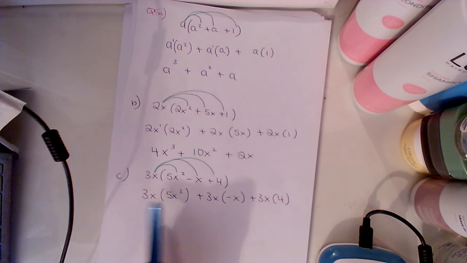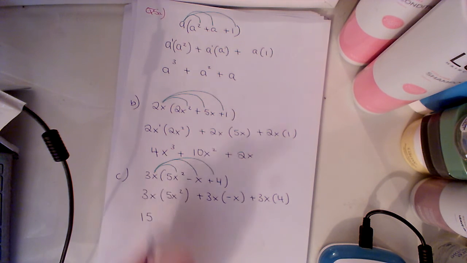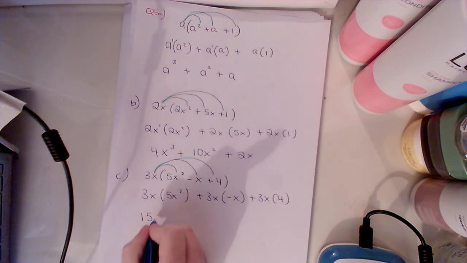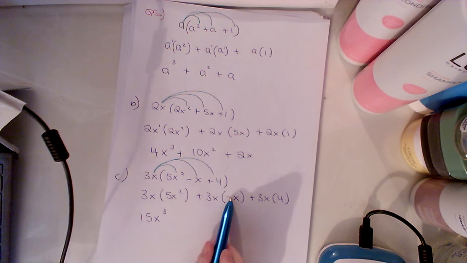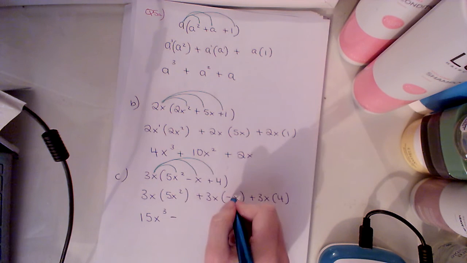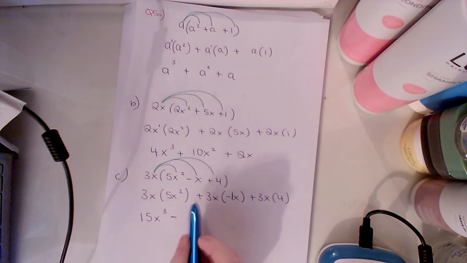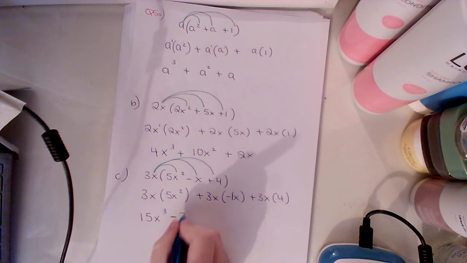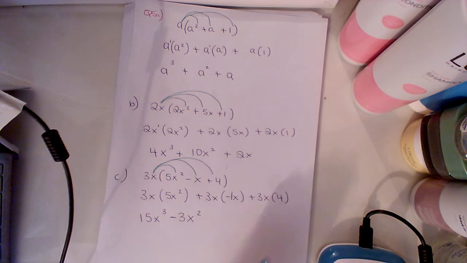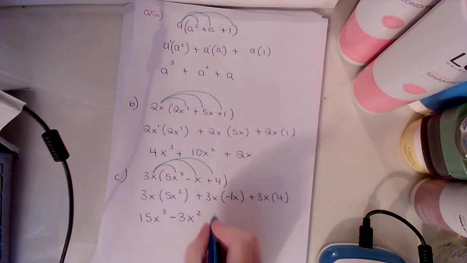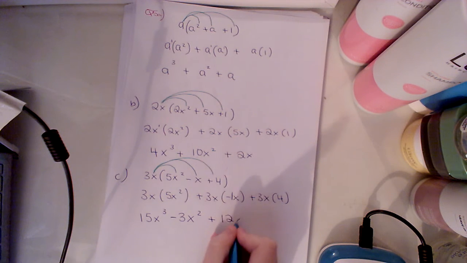Number by number, 3 by 5 will give me 15, x by x squared, x cubed. Plus by minus gives me minus. Remember there is an imaginary 1 in front of that. 3 times minus 1 is minus 3, x by x, x squared, 3x times 4 is plus 12x.